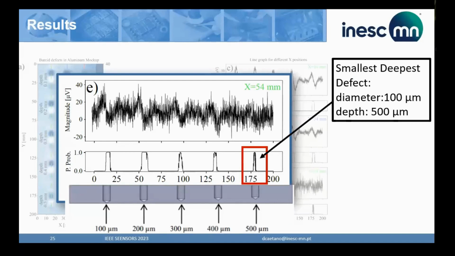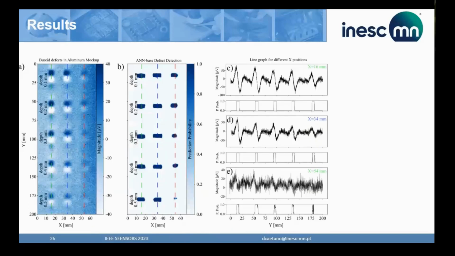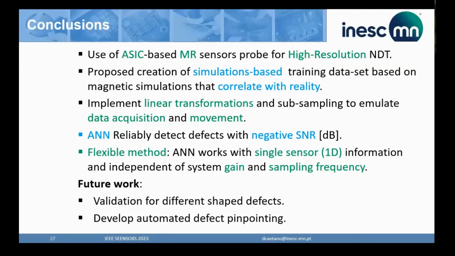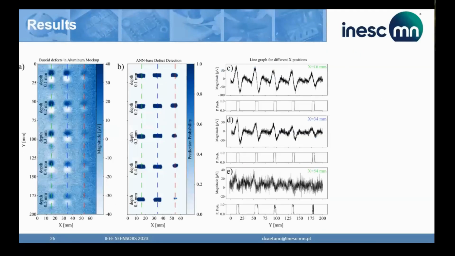So the smallest, deepest one that we detected was obviously the one that we had available. And in the end, the 2D scan looks something like this, which makes it much easier for automated detection algorithms in image processing, that are available everywhere, to detect this.